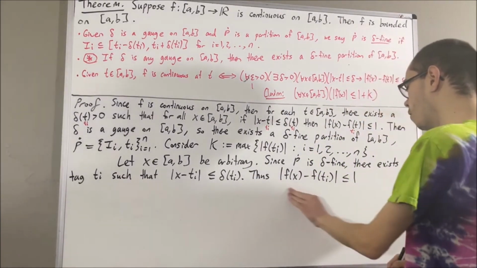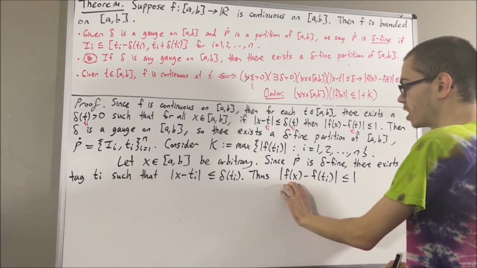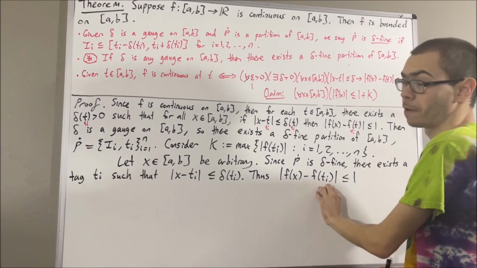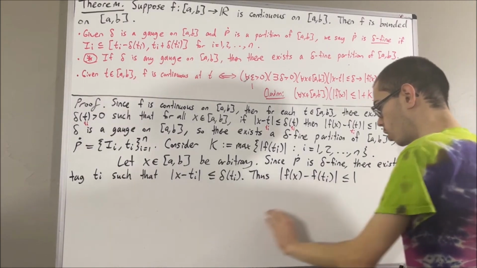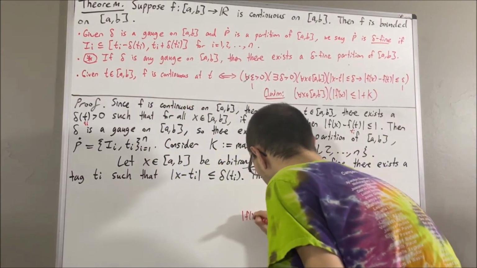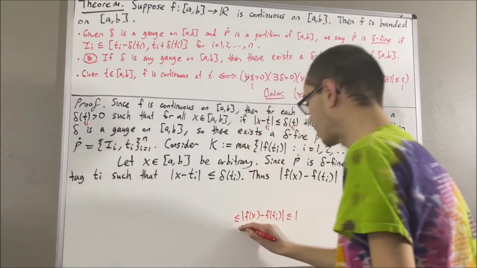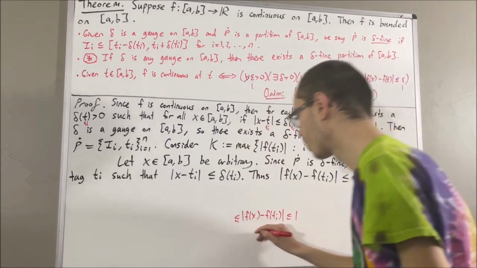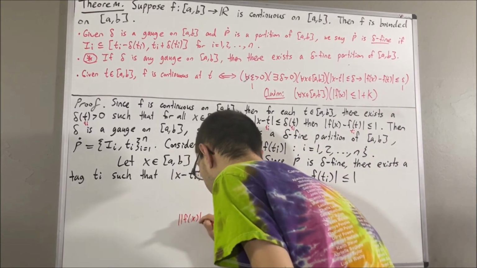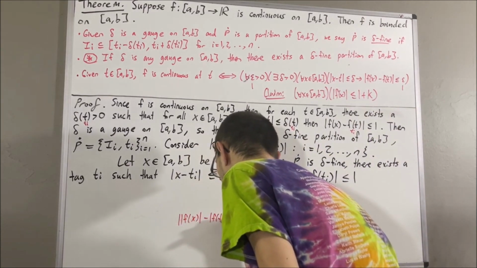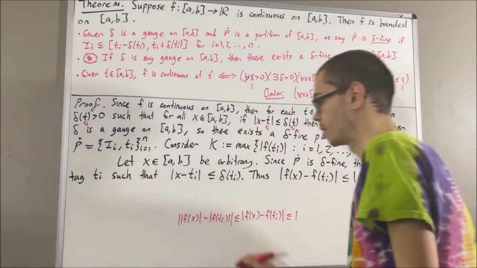But the claim is, from this inequality, it follows that absolute value of f of x is less than or equal to 1 plus absolute value of f of t_i. And to see how that happens, let's rewrite this inequality right here. By the reverse triangle inequality, the absolute value of f of x minus f of t_i is greater than or equal to the absolute value of f of x minus absolute value of f of t_i. But every real number is less than or equal to its absolute value.